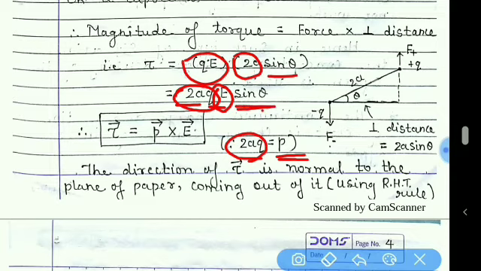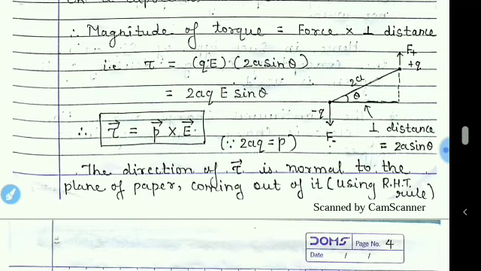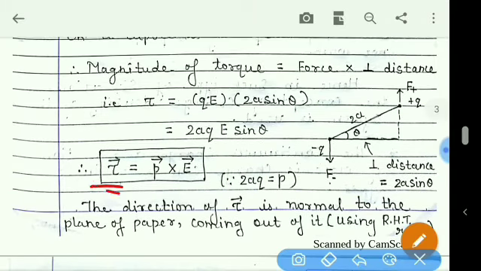And whenever there is sine theta, we can write that in a cross product way. So here torque tau is nothing but P cross E. Once again, this is P, this is E and sine theta.